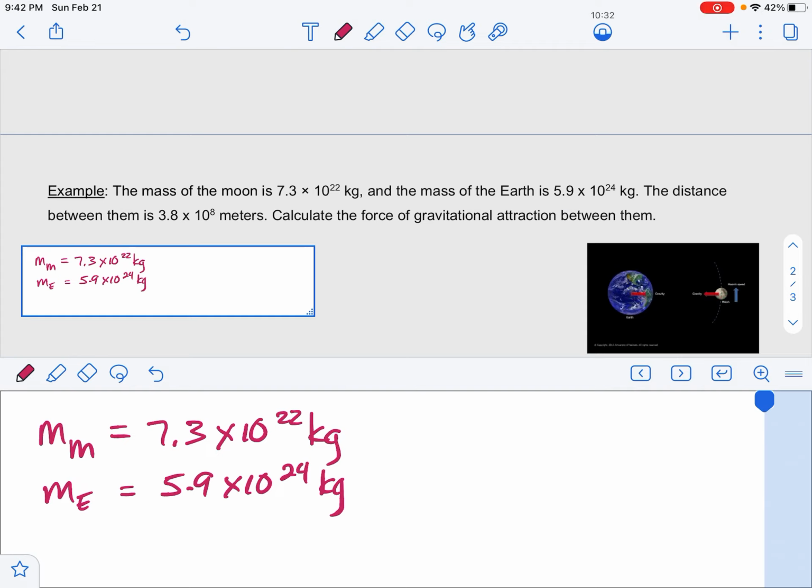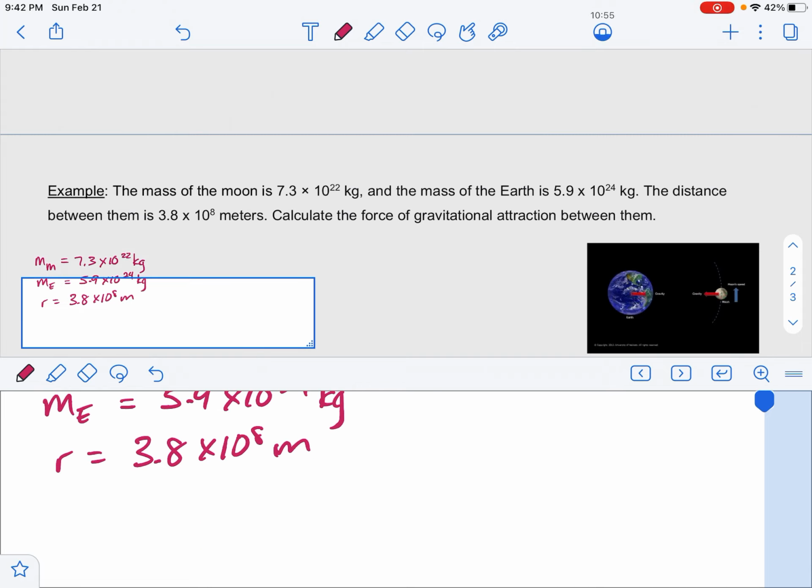If it's been a while since you worked with numbers in scientific notation, remember that a positive exponent means a big number, a negative exponent means a small number. Okay? And when you type this into your calculator, you got to use parentheses. We'll write it that way in a minute. And the distance between the Earth and the Moon is 3.8 times 10 to the 8th meters. That is a long way.